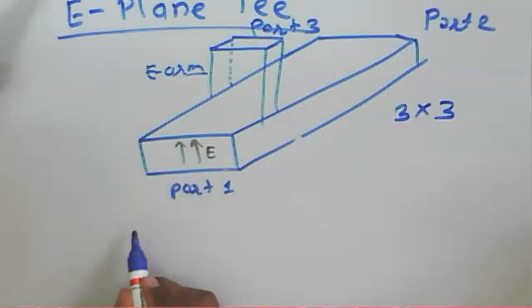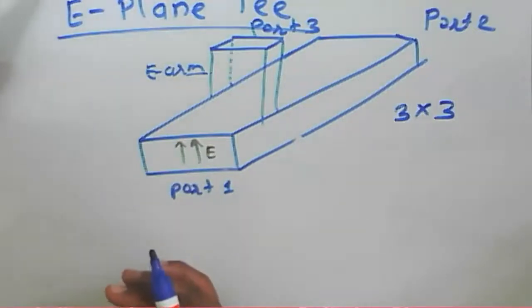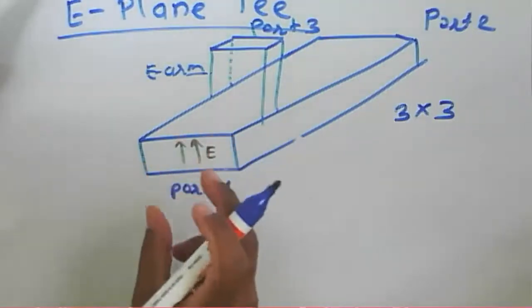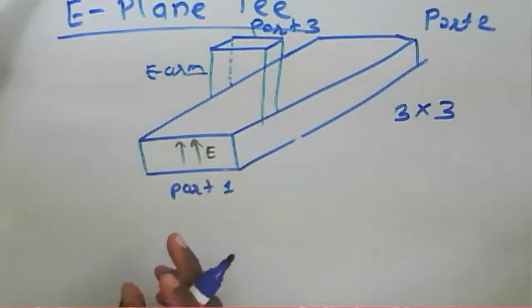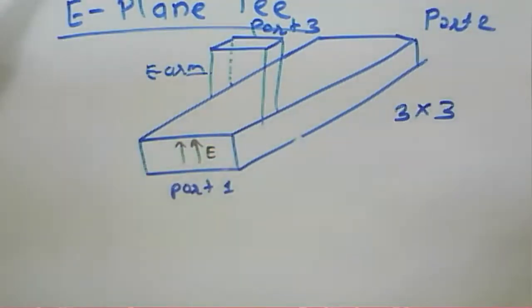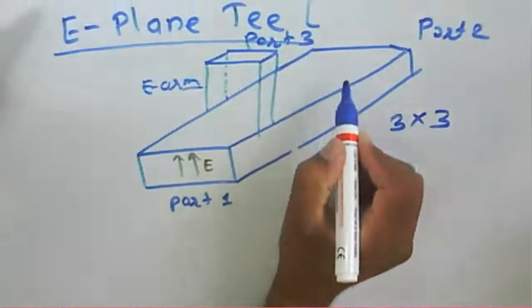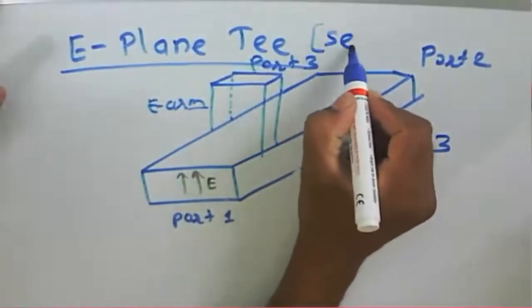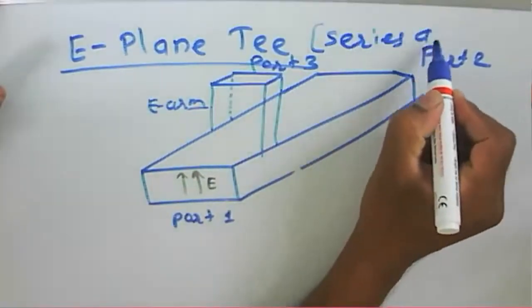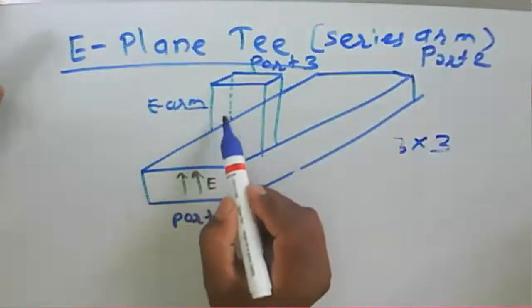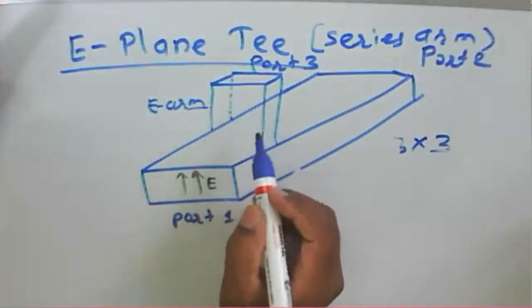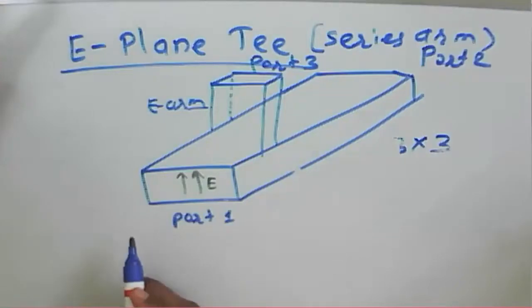And then we see how the electric field component is propagating through this. Generally this E-plane T is called a series arm, because this arm looks like a series connection.